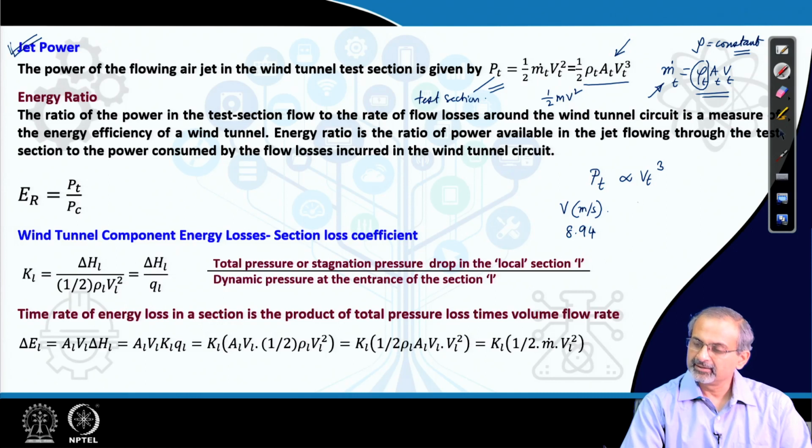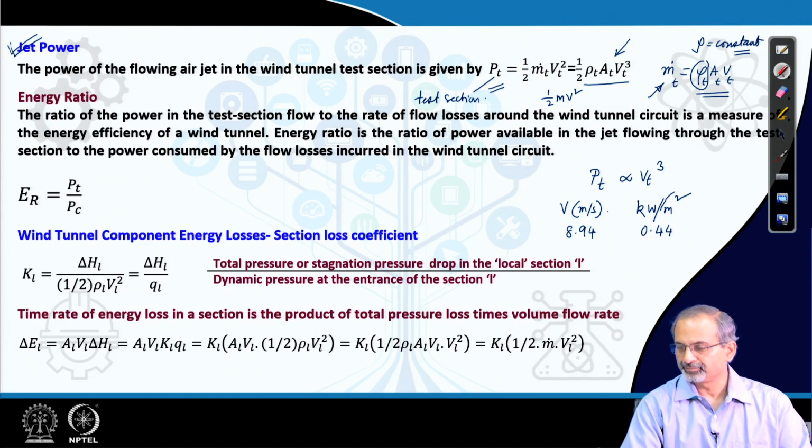You will find that the jet power would turn out to be 0.44 kilowatt per meter square. So, if you use unit cross sectional area, then this is the power which will be contained in it.